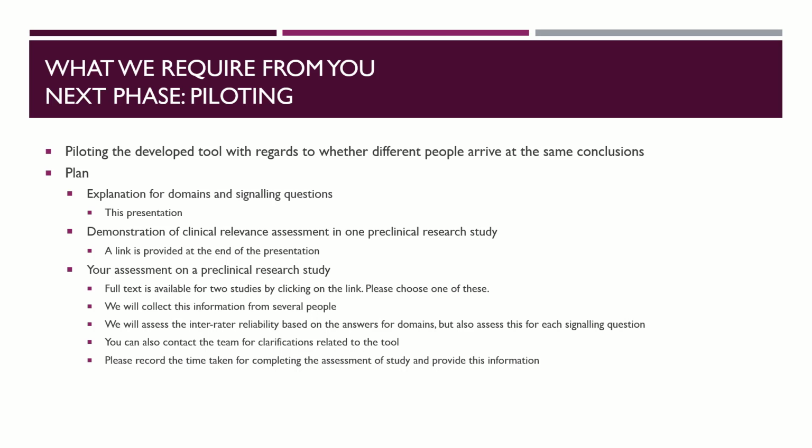You can then contact the team for clarifications related to the tool. You can also contact the team for improvements in the explanation provided for the tool. Please record the time taken for completing the assessment of the study that you have chosen and provide this information to us.